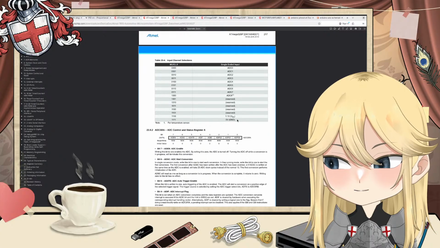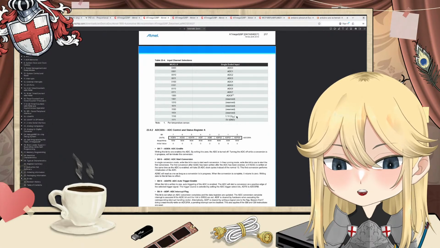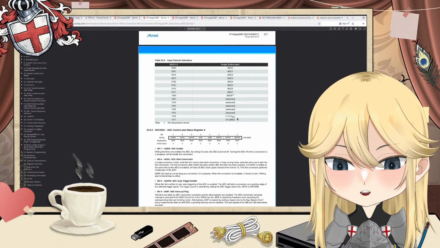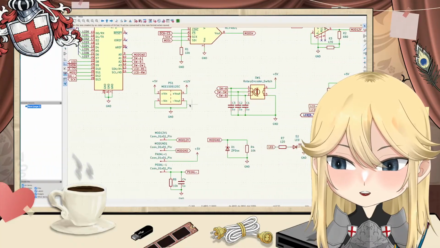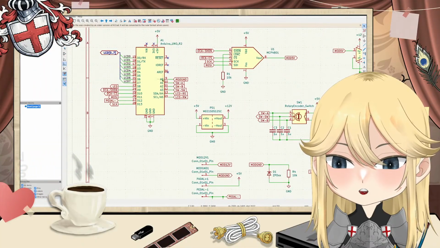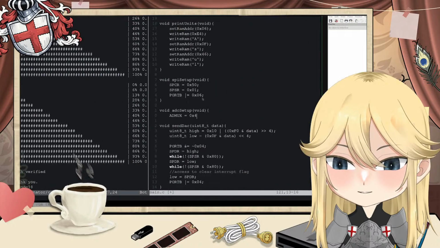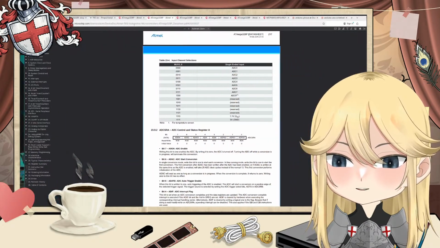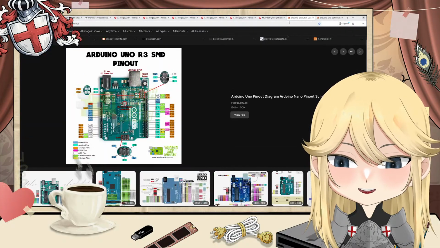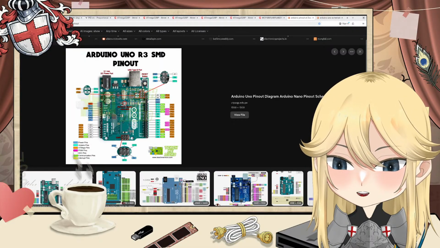If your AREF is the value you're measuring, wait, why didn't I do that this way? No, I'm using A0. So, wait, which one is A0?